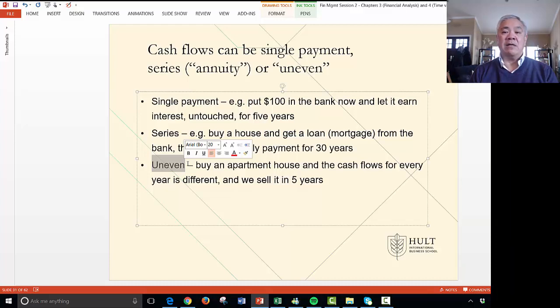At some point in the future, you sell the apartment and you get a big, hopefully big, lump sum of cash. Now you have this very uneven set of cash flows, and we use time value of money concepts to evaluate those cash flows and figure out, in this example, whether the apartment is a good deal to be purchased. So these are three patterns that we will see in cash flows, and depending on the pattern, we use different tools.